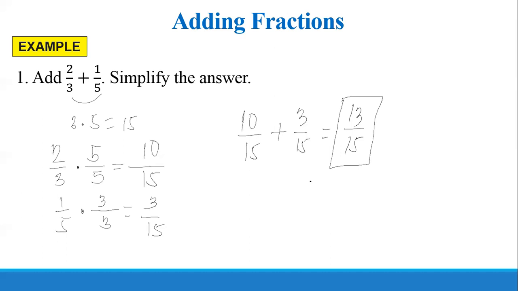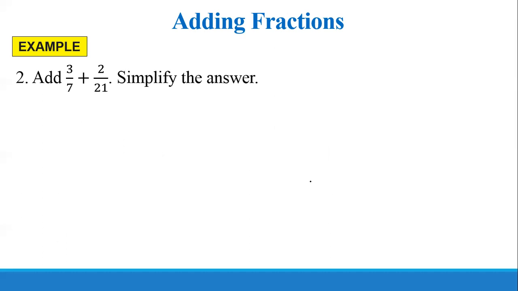Alright? So, you can find a common denominator by finding the common multiples of the denominators. The least common multiple is the easiest way to use. Ayan. Like this. So, we have here 3/7 plus 2/21. So, simplify the answer. And since the denominators are not alike, find the least common denominator by finding the LCM. Ayan.